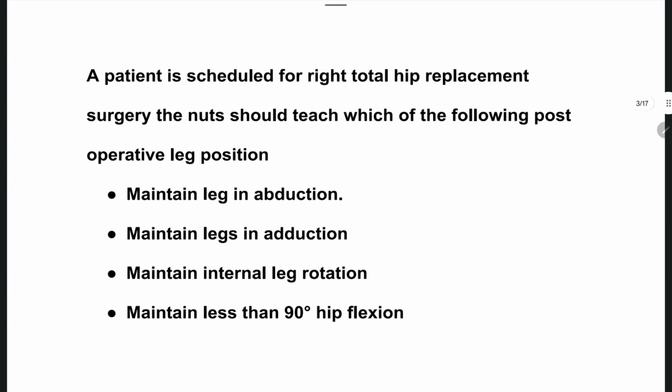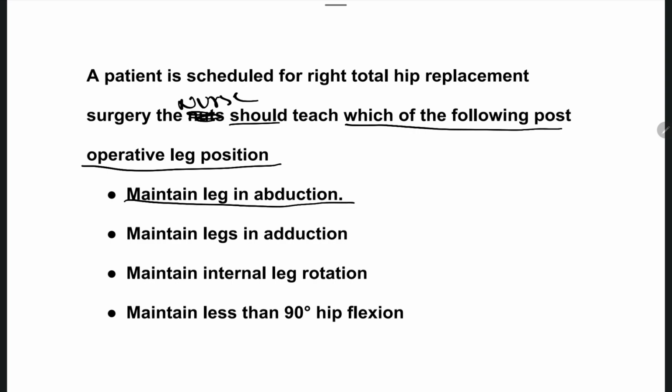The next one is, a patient is scheduled for right total hip replacement surgery. The nurse should teach which of the following post-operative leg positions. Options are maintain leg in abduction, maintain legs in adduction, maintain internal leg rotation, maintain less than 90-degree hip flexion.